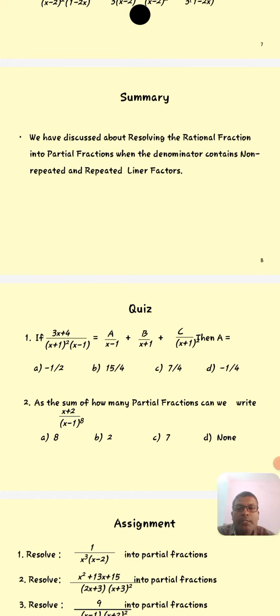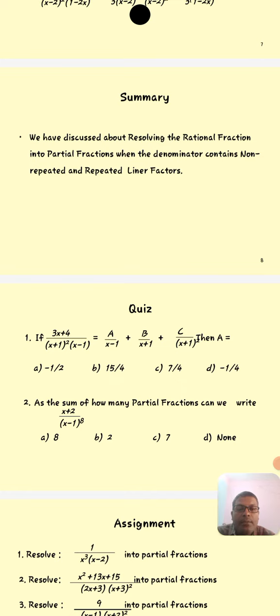How many times is it repeated? 8 times. So, as the sum of how many partial fractions? Simply we say 8. Only one single factor, but the repeated times is 8. So we have to write the partial fraction format also 8 times.